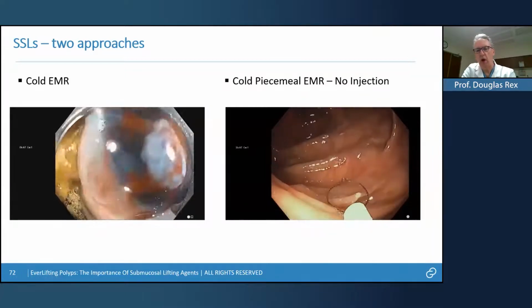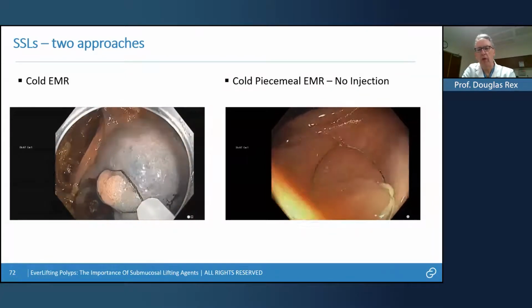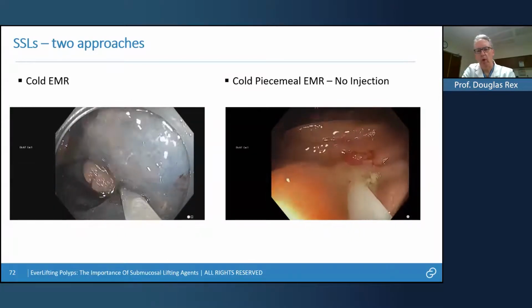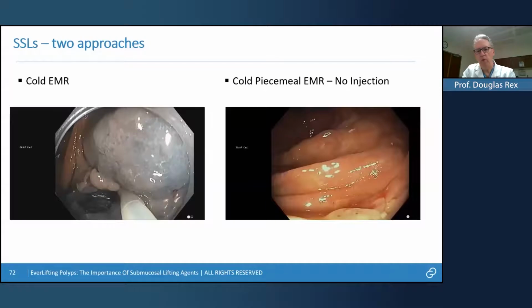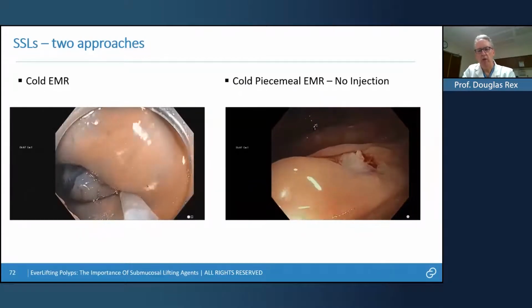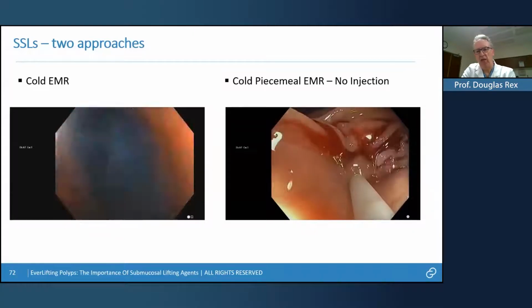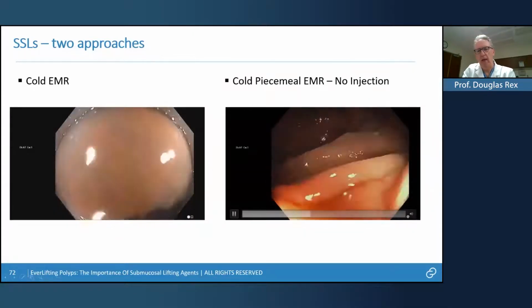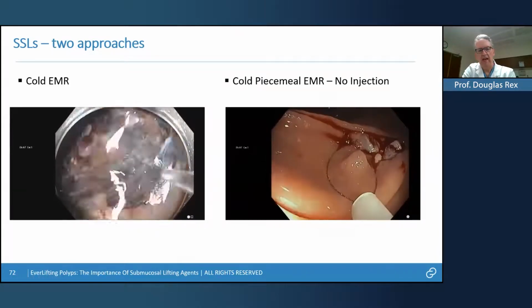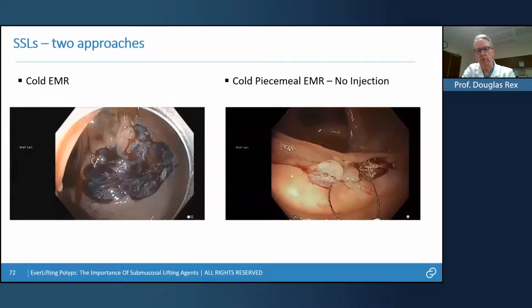And we've seen large observational series with both of these techniques, and both of them have been associated with low recurrence rates. And even when we are not injecting, we can use the water jet in the non-injection method over here on the right and expand the submucosa with that. So again, I think both of these techniques are probably good.